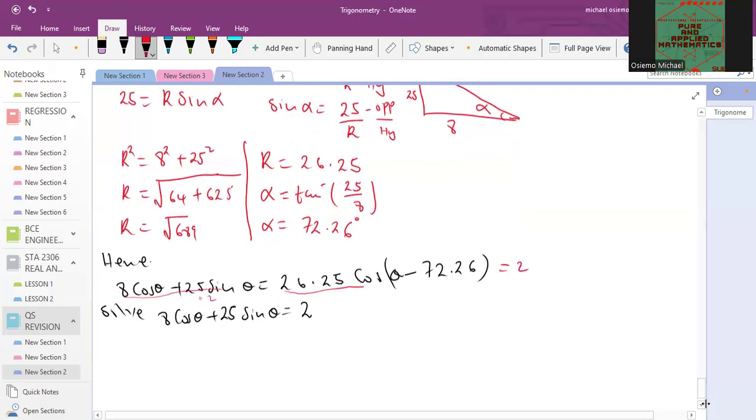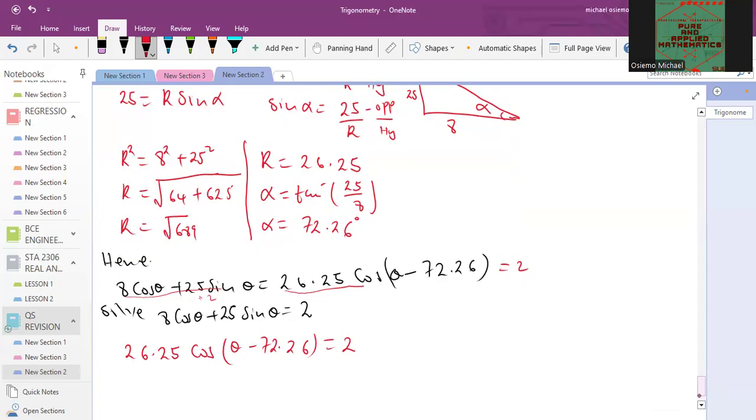So if we agree on that, then 26.25, which is our r, times cos of theta minus 72.26 is equal to 2. Why? The left-hand side here is equal to 2, and so therefore the right-hand side will also be equal to 2.